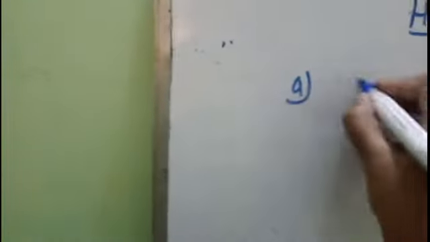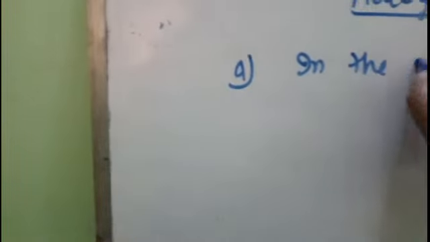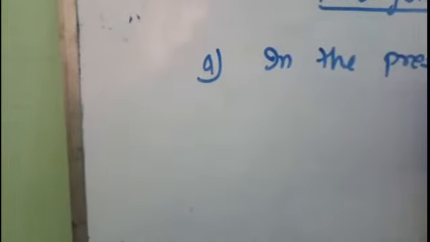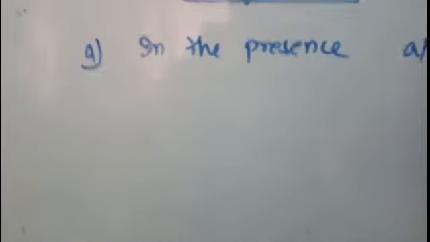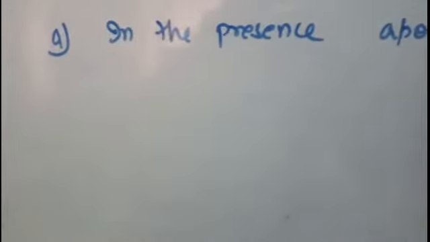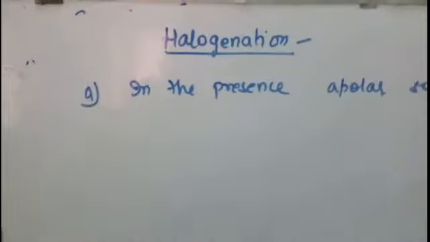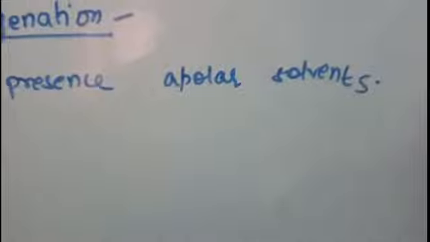Just like nitration, the halogenation of phenol can also be done in 2 ways. The first way is in the presence of apolar or non-polar solvents, such as carbon tetrachloride or carbon disulfide, at lower temperatures.